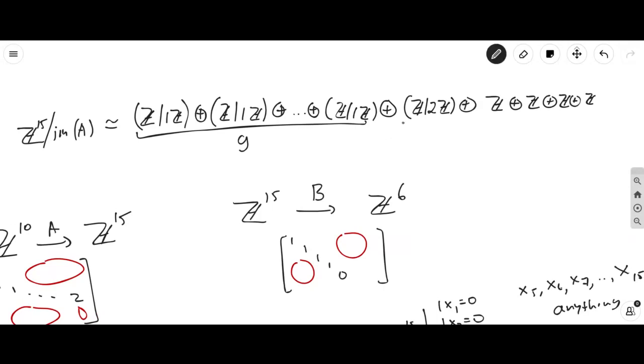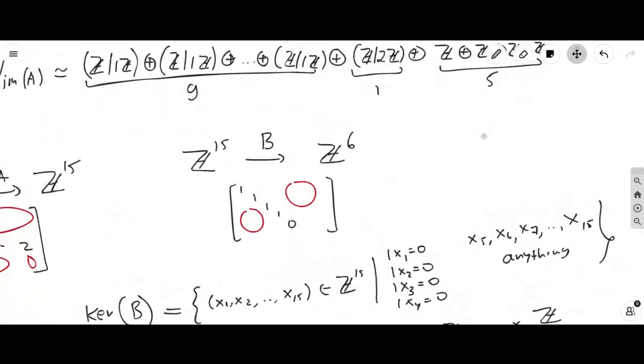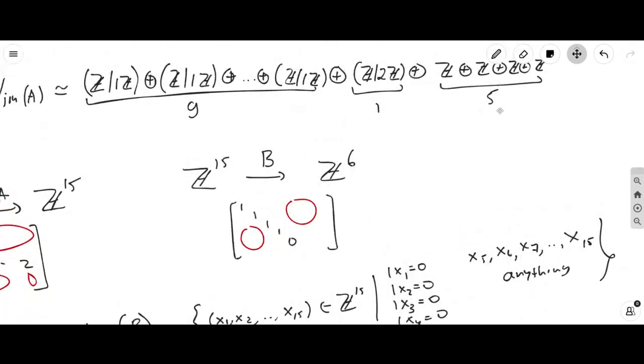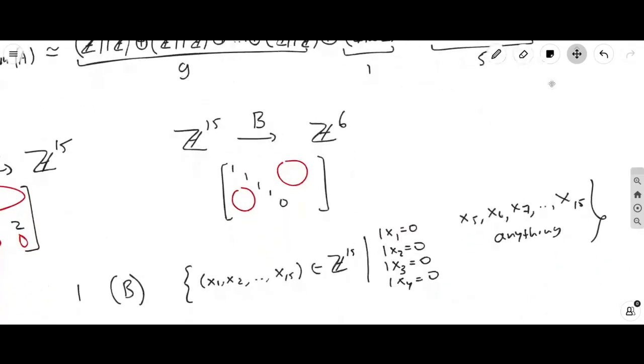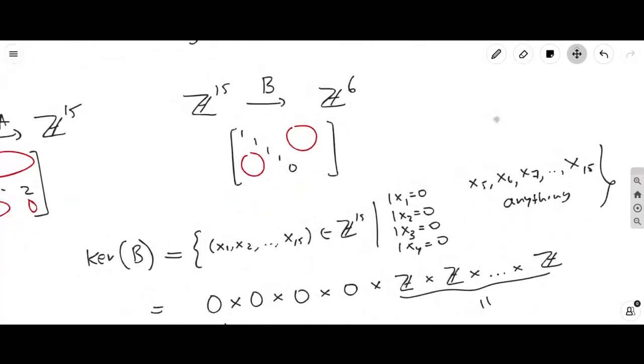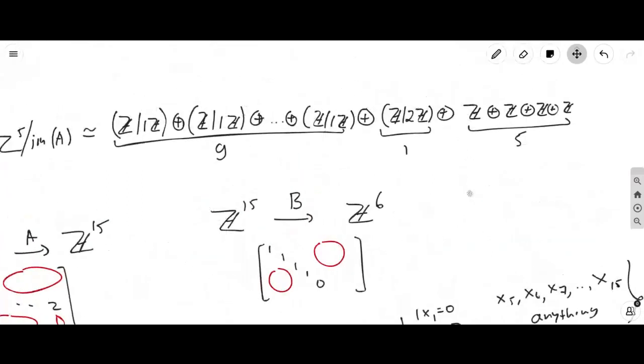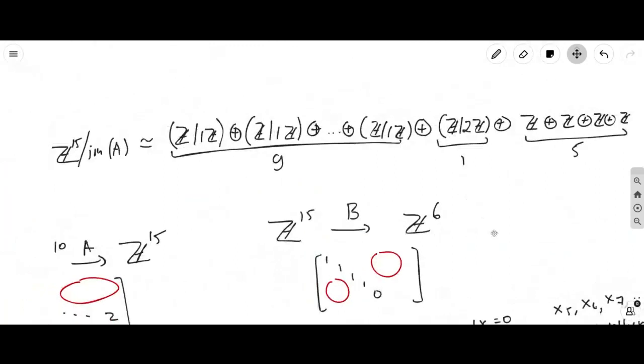So this would be 1, and then you have to have 4. No, actually, you need to have 5 of those.